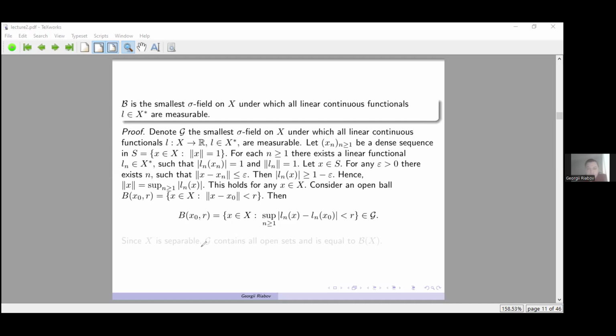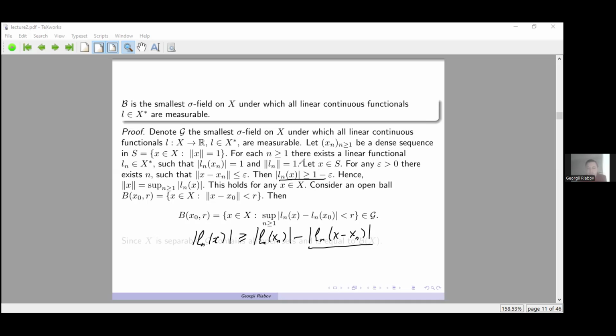Then l_n of x we can estimate as follows: as l_n of x_n minus l_n of x minus x_n. So l_n of x_n is equal to 1, and this thing is less than epsilon.